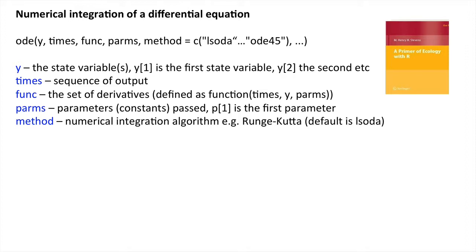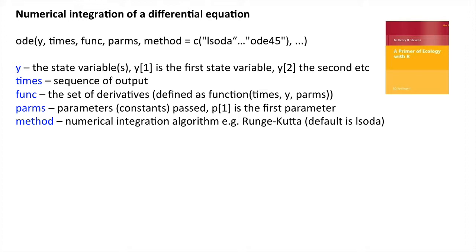Here we're not going to be too concerned with the method, but just note that should we choose, we could call up our own numerical integration algorithm. There is a standard, called lsoda, but we could also call up, should we wish, a Runge-Kutta method, etc.